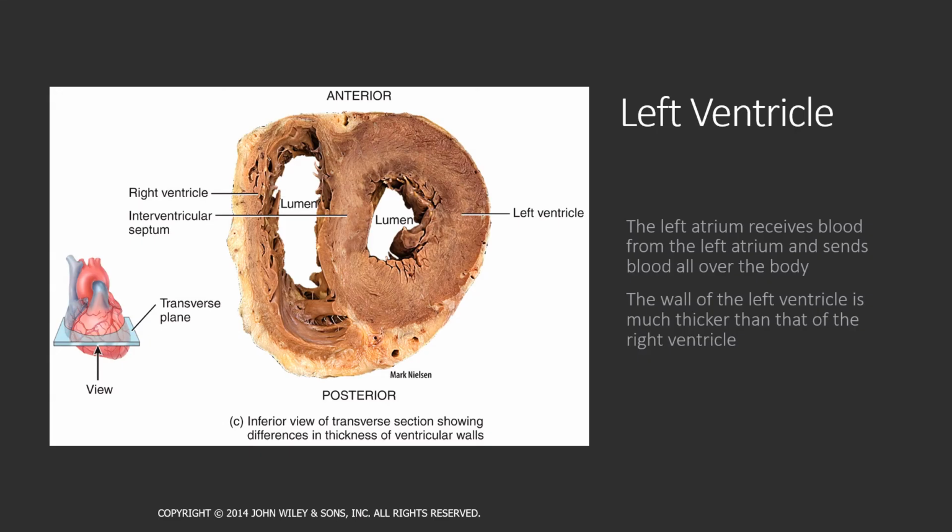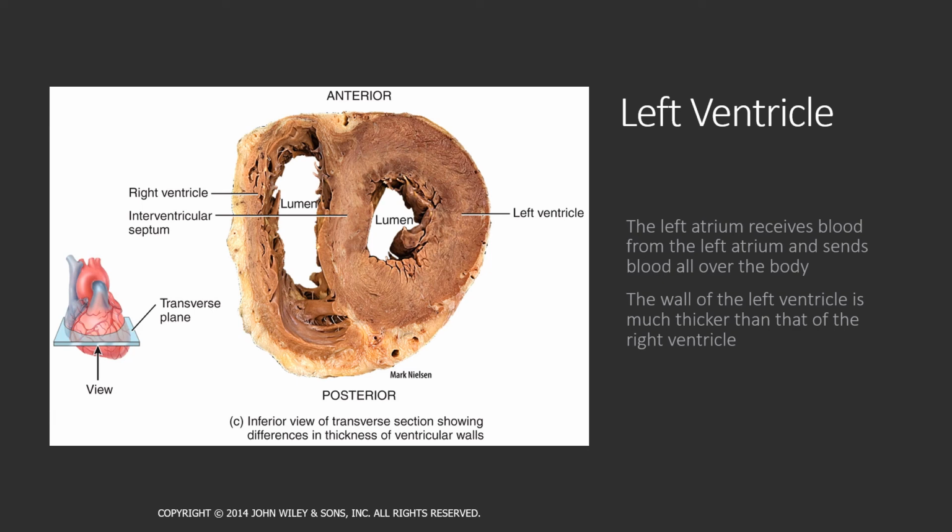Now the left ventricle is the thickest chamber of the heart, and it forms the apex of the heart. Just like the right ventricle, the left ventricle contains trabeculae carneae and also has the chordae tendineae that anchor the cusps of the bicuspid valve to the papillary muscles.